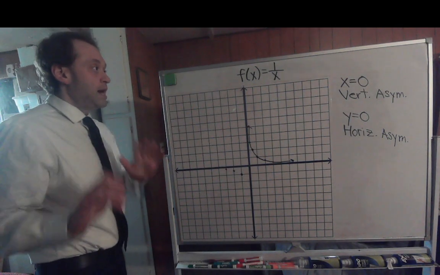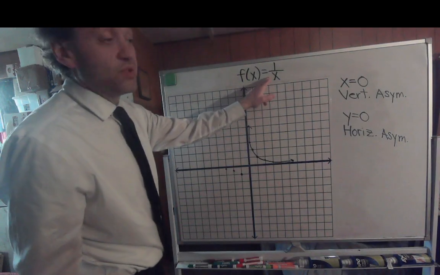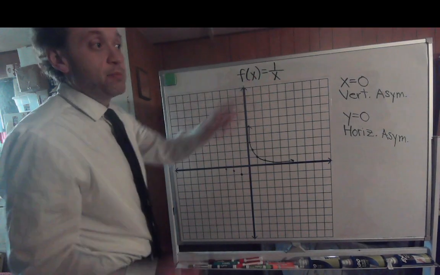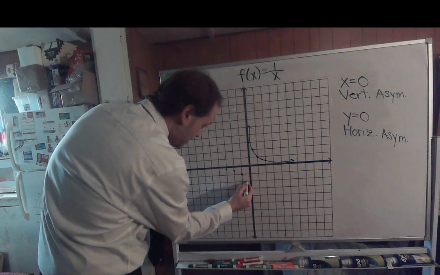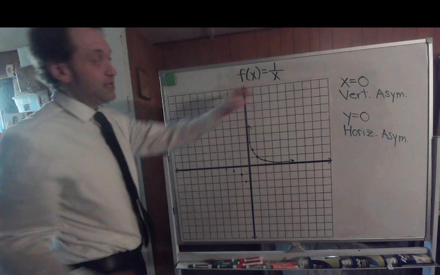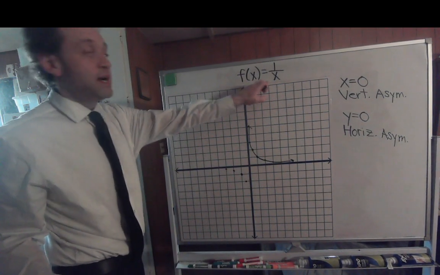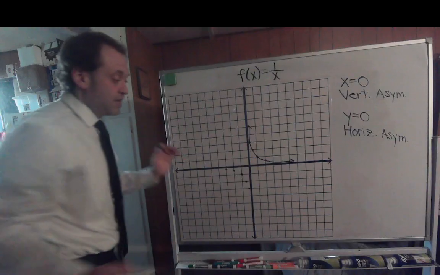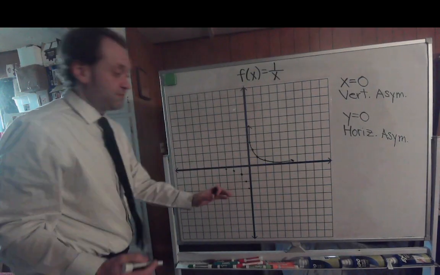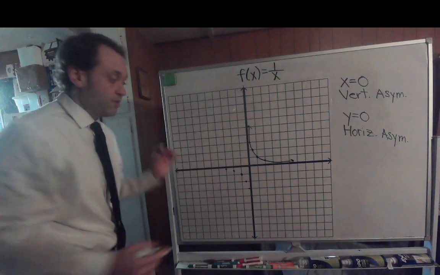Now, what about, let's say x equals negative 1/2. 1 divided by negative 1/2 will give you a y value of negative 2. And then let's take x equals negative 1/3. 1 divided by negative 1/3 is negative 3. So notice, again, you're getting infinitely close to that x value of 0, but you can't quite reach it.